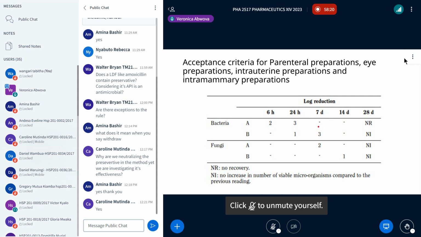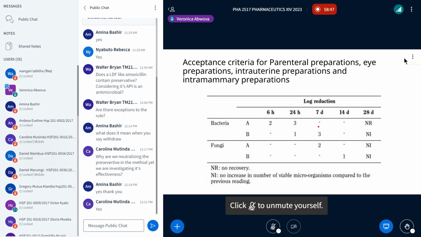We said that when you plate on a media, you get one cell that divides and gives you a colony, okay? But without it dividing, you will not be able to see the colony. So you may assume that there is no growth, when in the real sense there is actually growth.